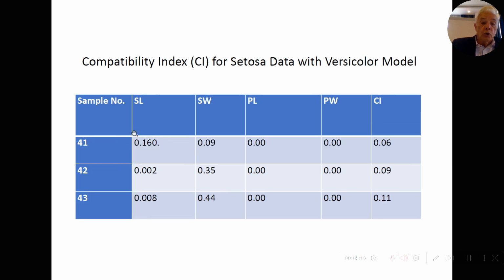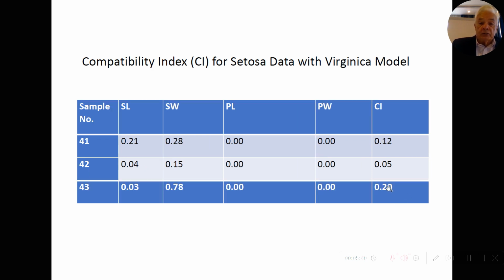Then we find out the compatibility index applying the formula that we have defined before for each of them. And then we see the value of the compatibility index. For 41, it is 0.6, comparing setosa with versicolor, and 0.09 for number 42 and number 43.